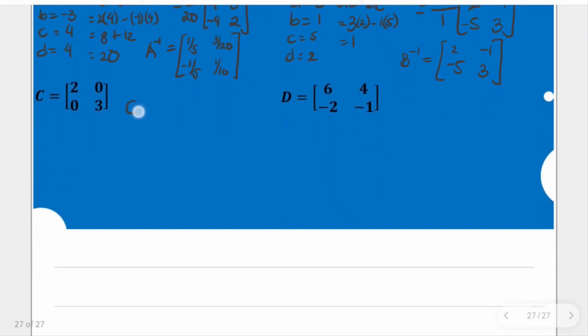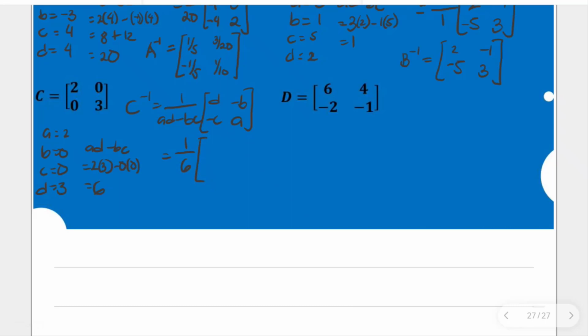For C, again, same formula, AD minus BC times D, A, negative B, negative C here as well. So A here is 2, B is 0, C is 0, D is 3. So AD minus BC, I have 2 times 3 minus 0 times 0, that's 6. This is 1 over 6.